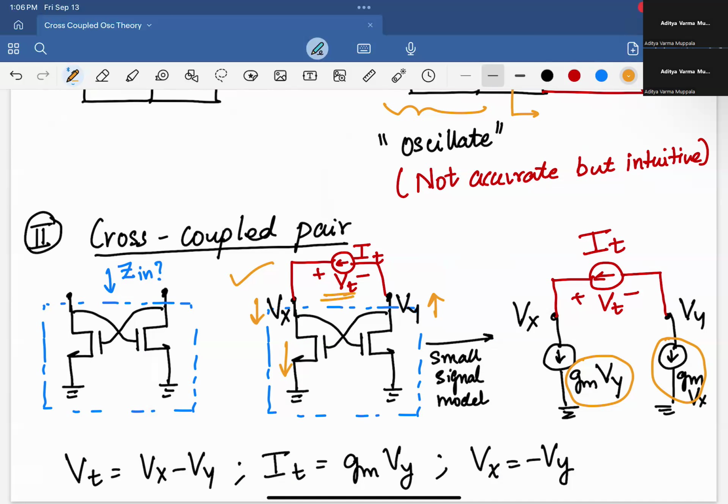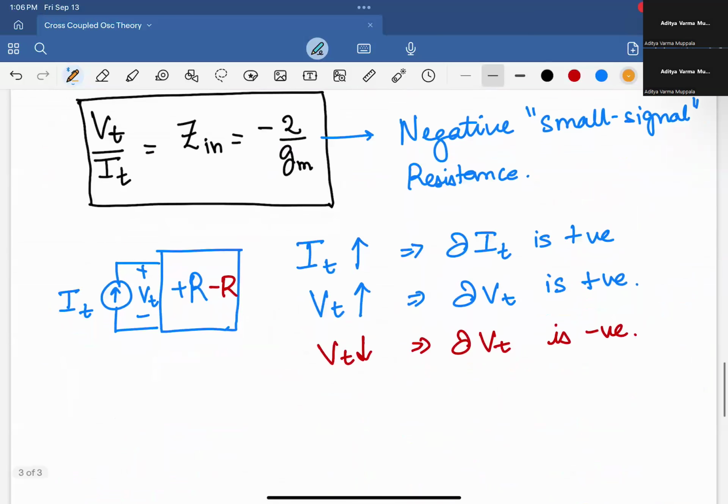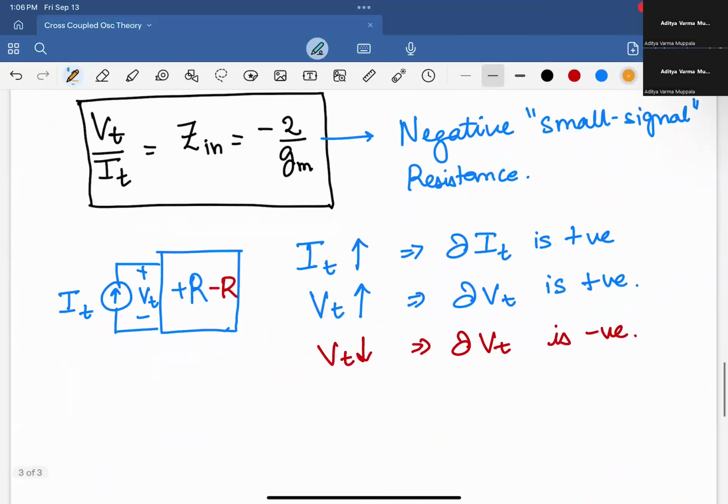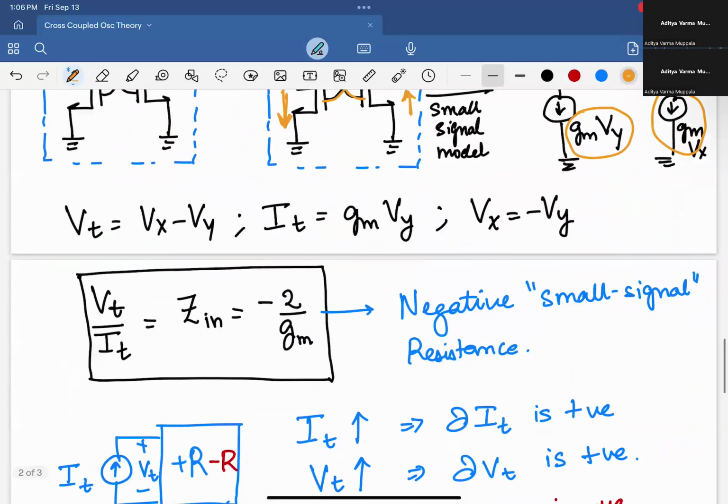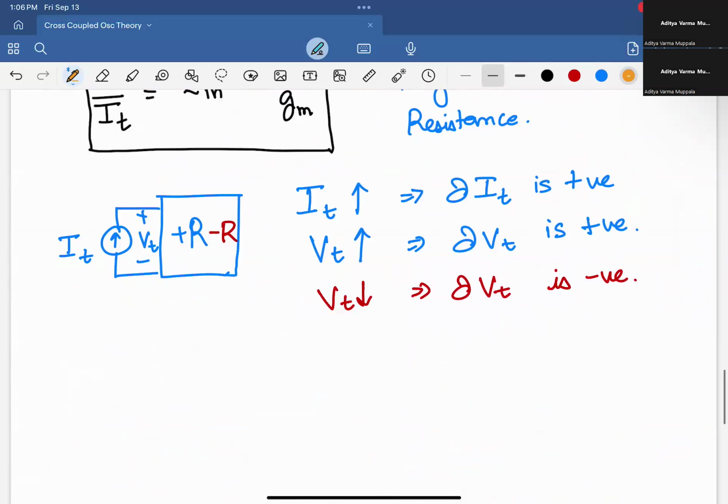So the current It has increased, but Vt has decreased, and that's why the derivative Vt over It is negative. And that's happening because of this cross-coupled connection that we have here, right? When this goes up, it's pulling more current through this, and when this goes down, it's pushing more current back up that way. And that's the opposite of what you would see in a regular resistor. So that's the intuitive explanation of this.